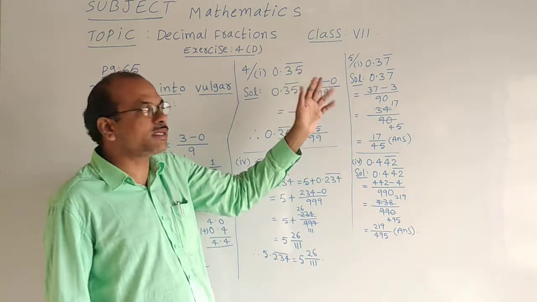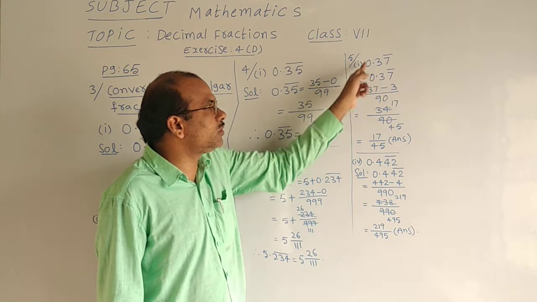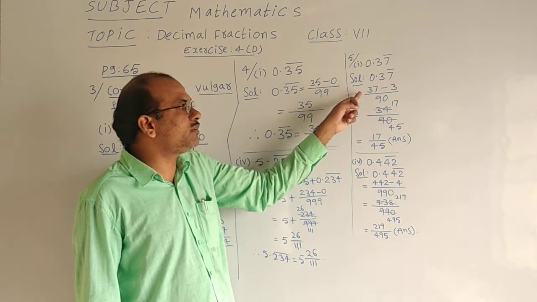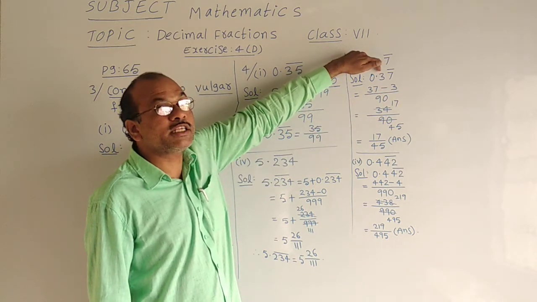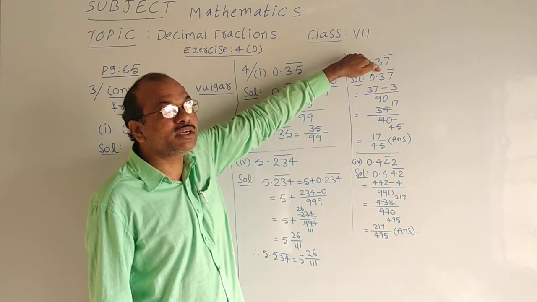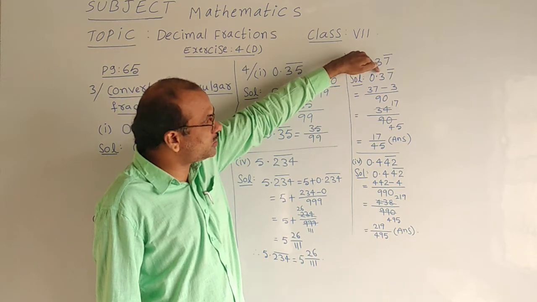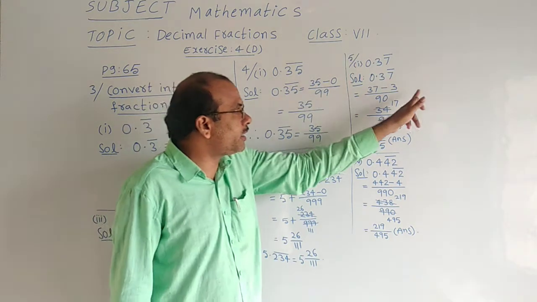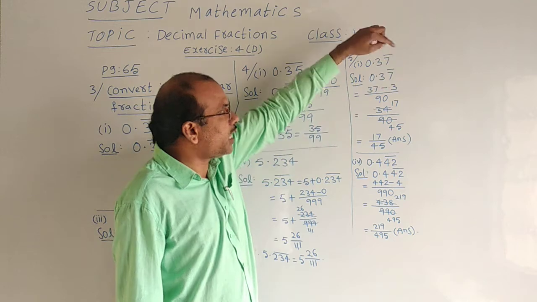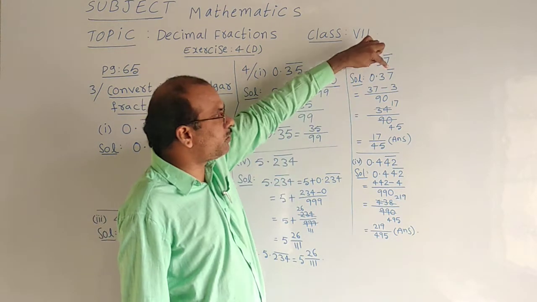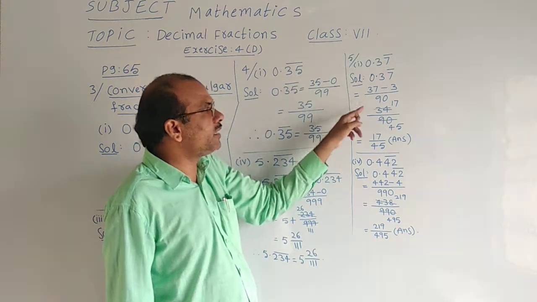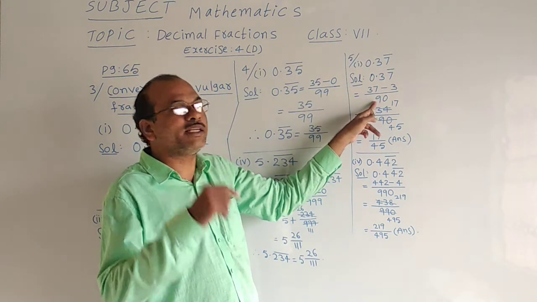Again, we are discussing the whole thing now. What is given in the decimal part is written, minus the digit in the decimal part which is not under a bar. That digit 3 I have written. In the decimal part, how many digits are under a bar? Only one digit, that is 7. That's why only one 9 is written.